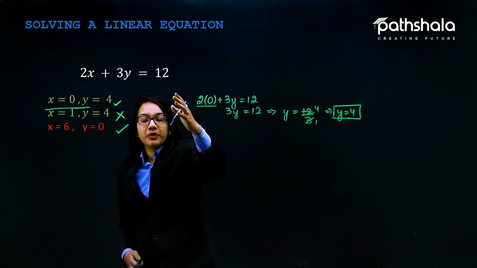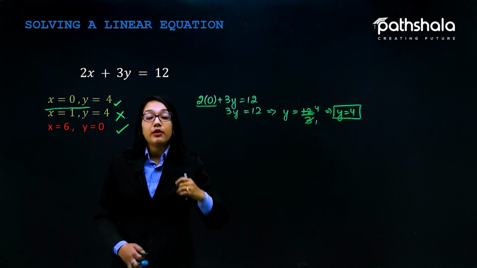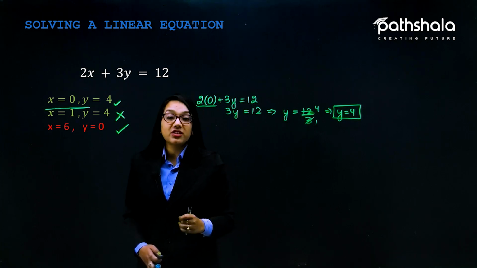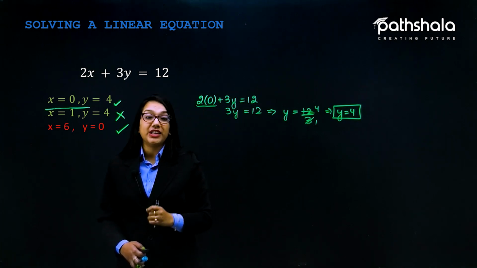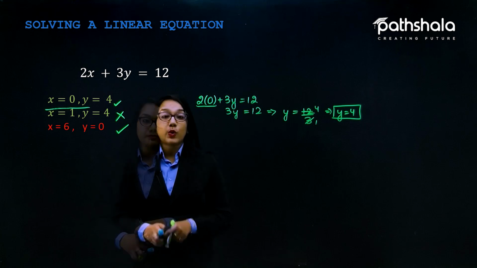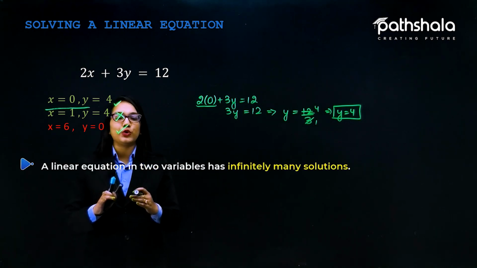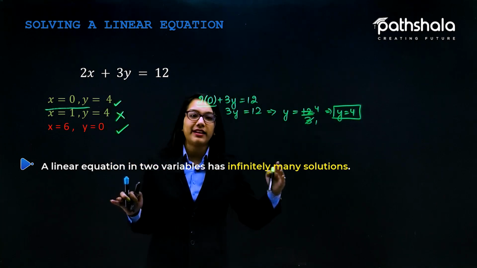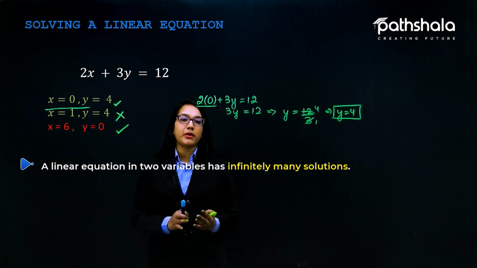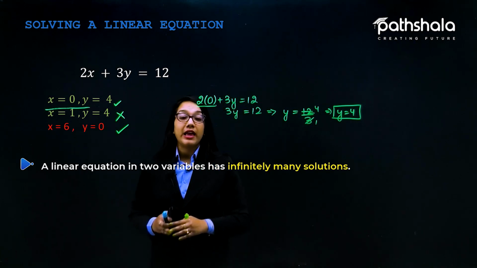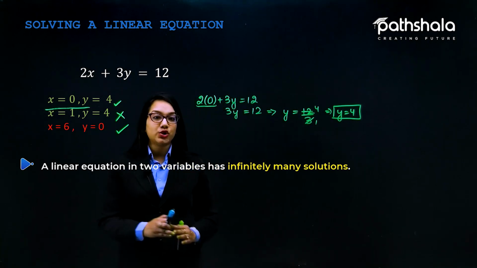So we have concluded that this linear equation must have infinitely many solutions. So at the end we can say that a linear equation in two variables has infinitely many solutions. Always remember, any linear equation in two variables must have infinitely many solutions.